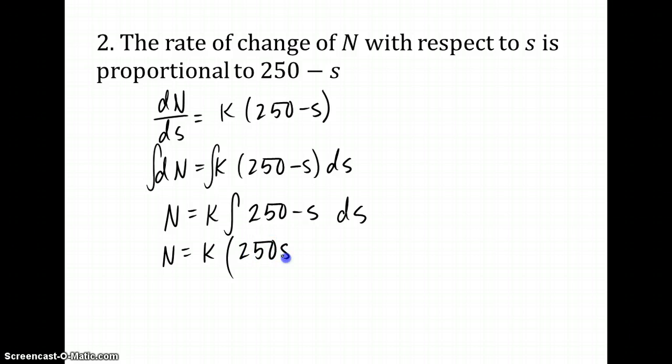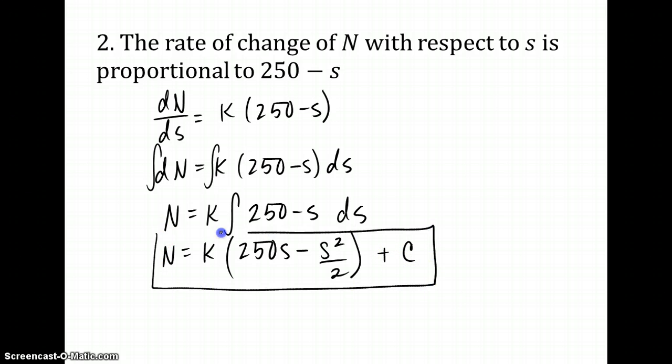So 250s minus s squared over 2 plus c. Now, of course, if this is a word problem, we would define what n and s represented, but this would be the solution.